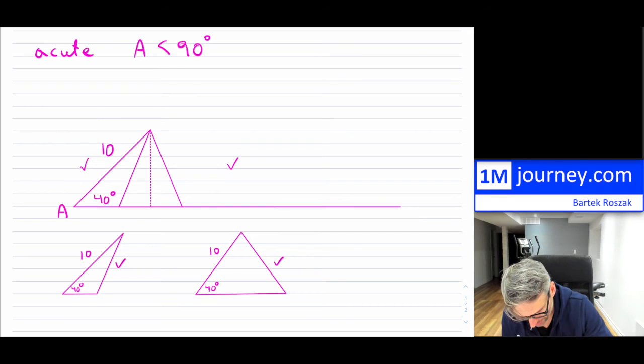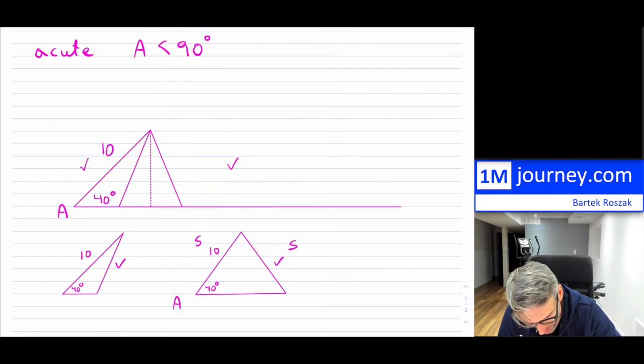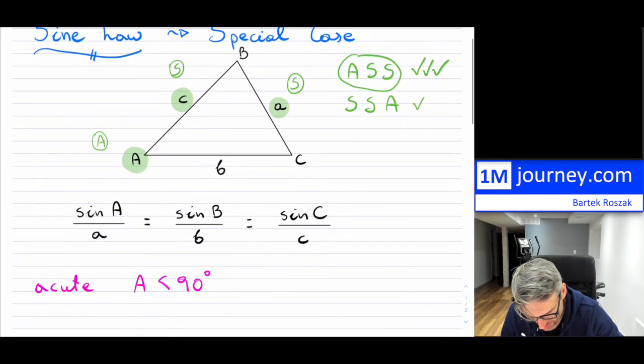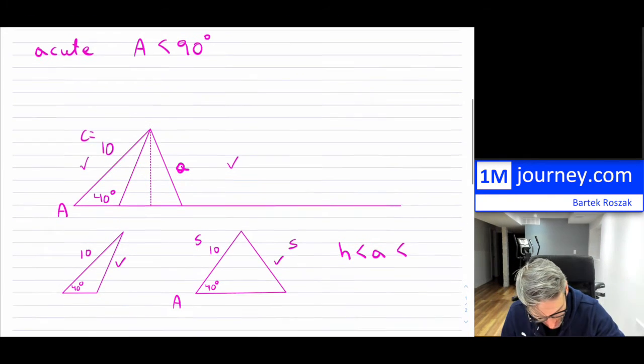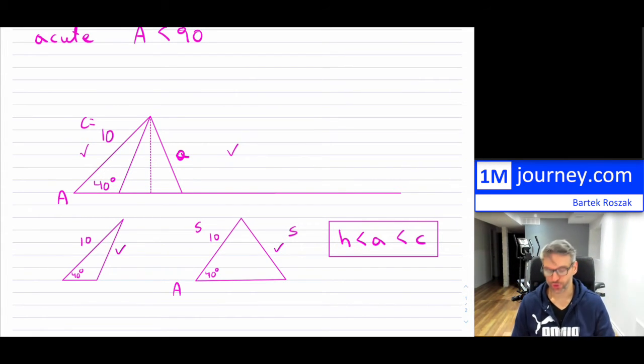Notice this is your angle and side that is known. This happens when side A is greater than the height but less than C. So this is C right here, but A is less than C. When it is somewhere in the middle, that's where the ambiguity comes in. If that happens, then we might have two triangles.